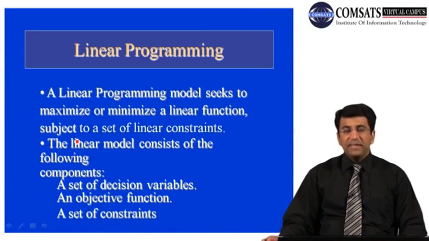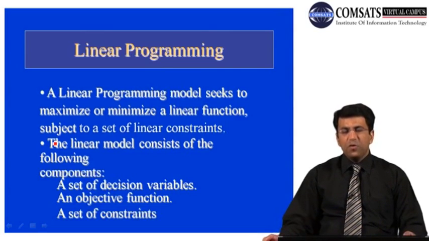The next is the objective function. That is the most important function, and after learning linear programming, we will try to find out our objective and represent it in the form of a mathematical equation. So that is the second important component, the objective function, which is either profit maximization or cost minimization.